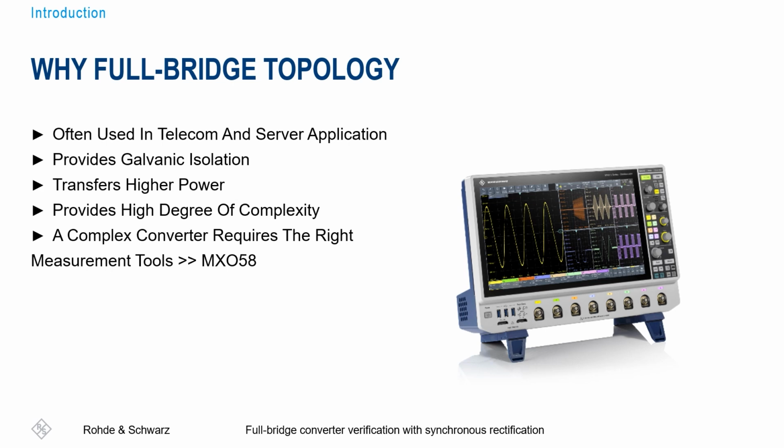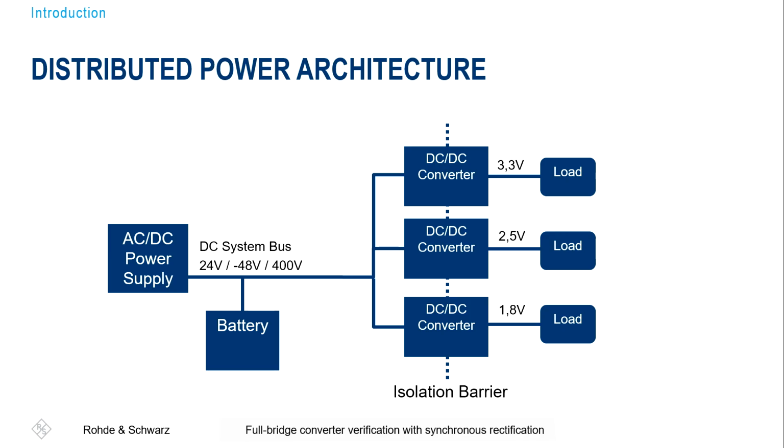So now let's start with the power architectures. This is one solution we can have. This is a so-called distributed power architecture, and it consists of an AC-DC converter always at the front end. Of course, we need to convert AC to DC to create this DC system bus. That is typically also backed up with a battery in case the AC power fails.